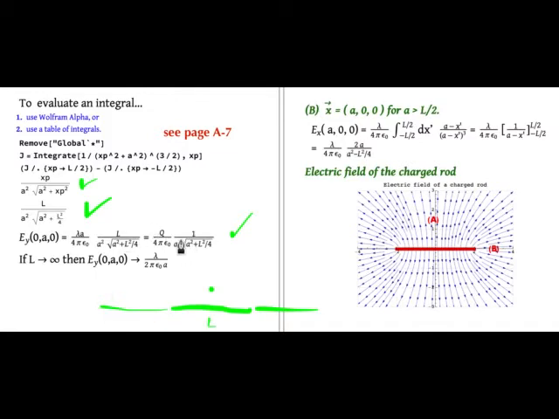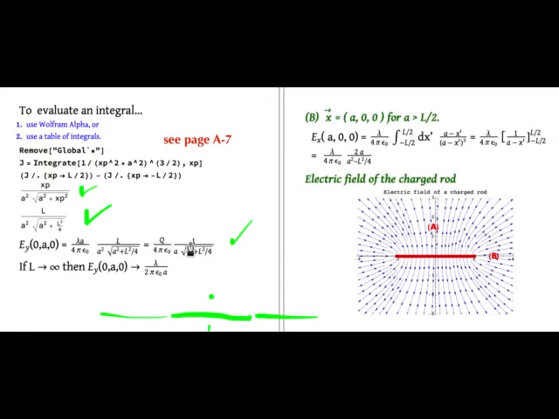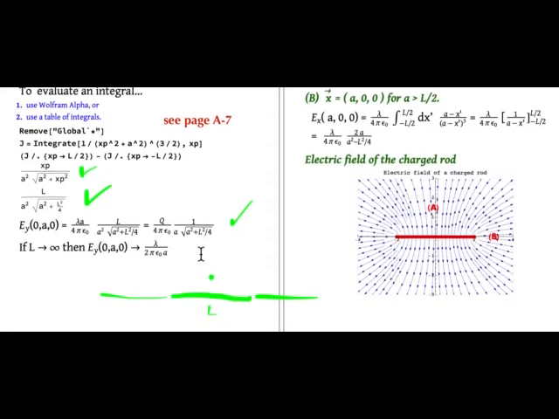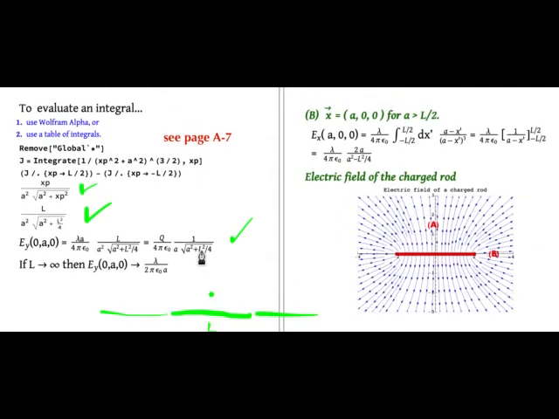Then the 1 over the square root of a squared plus L squared over 4 can be approximated by just 2 over L. So I can approximate this by 2 over L when L is very large. So this could either be L goes to infinity or a goes to 0. It just depends on the relative size of L and a.